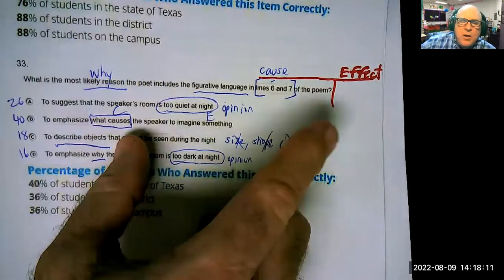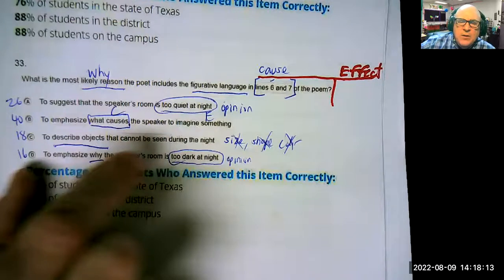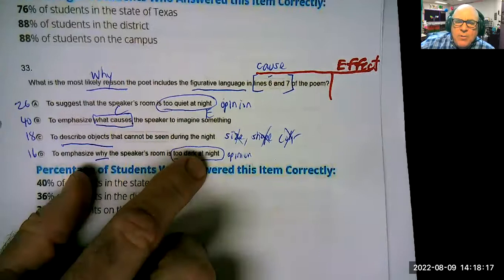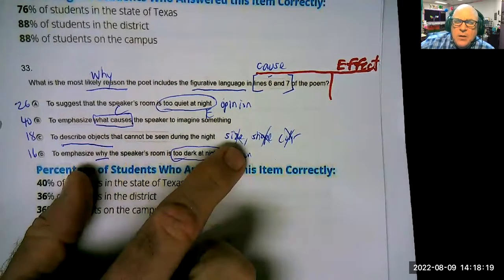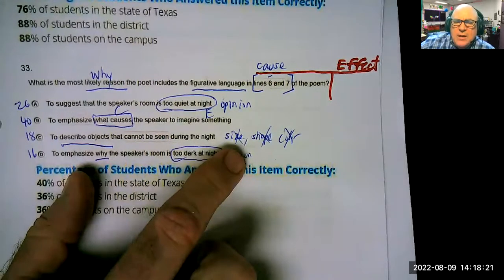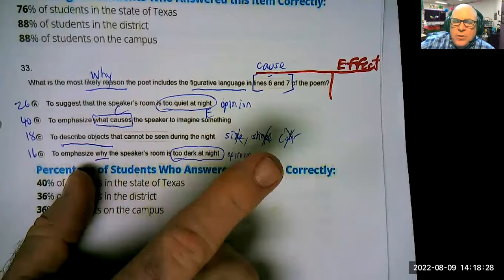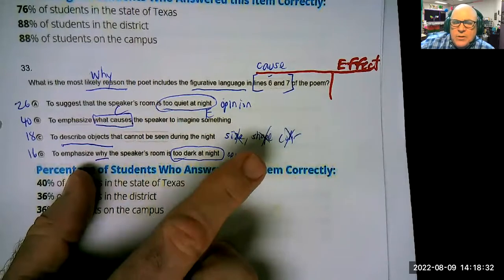C, to describe objects that cannot be seen during the night. And I was thinking, okay, if I'm going to describe objects that cannot be seen, I'll be talking about perhaps their size, their shape, their color, their texture, other things like that. And since that's not there, I'm going to let you know right now that's not the answer choice because that's not mentioned.